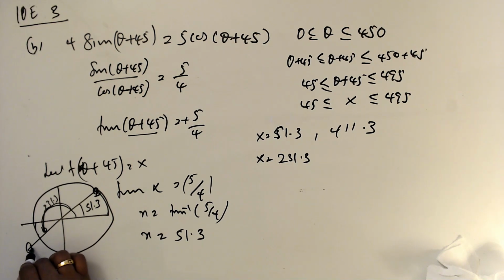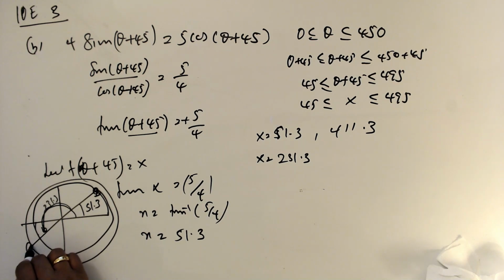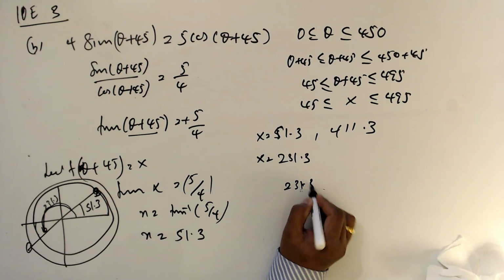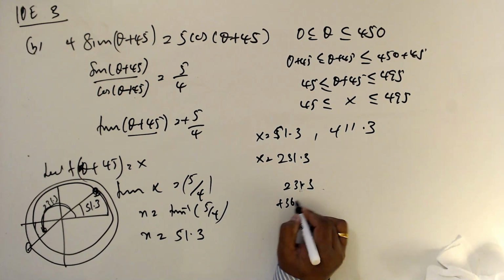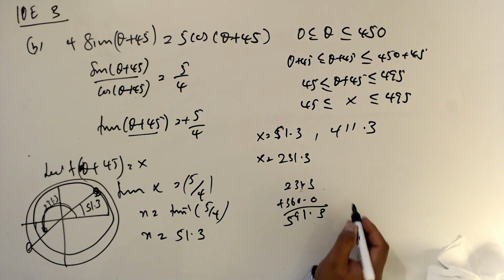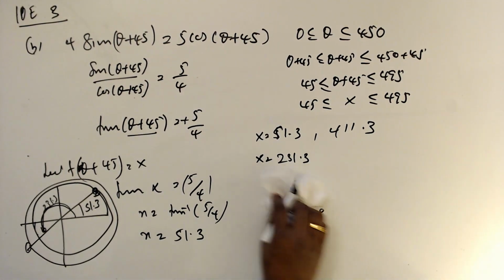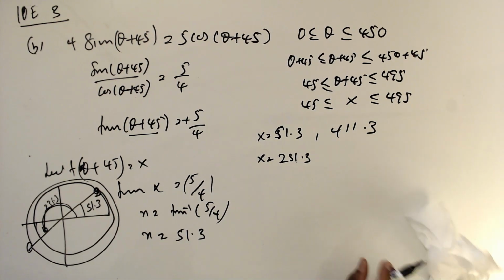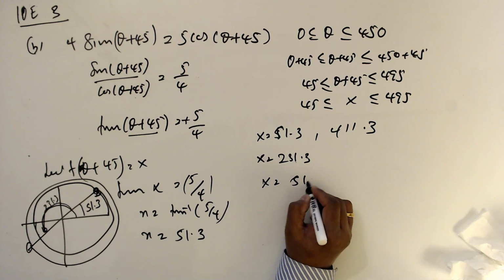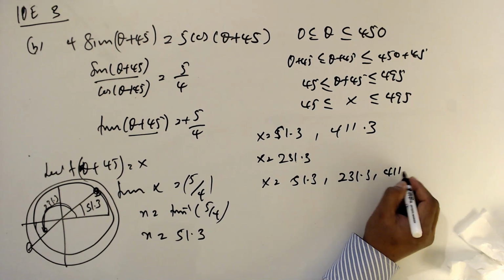Now from here I will go one more round, so 231.3 plus 360 is 591. So 591 is more than 495, so we don't need this one. So we have only three numbers now. That is x equals 51.3, 231.3 and 411.3.